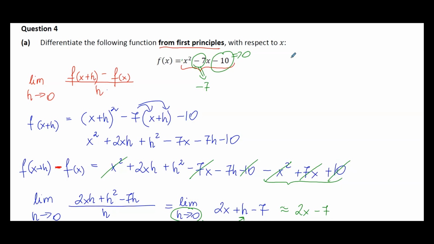And for x to the power of 2, we have to apply the formula: we take n in front and then power minus 1. So that means that 2 will go in front and x to the power of 1. So our derivative is 2x minus 7. So much quicker than what we've done here. That's the reason we only use that method when it is specifically mentioned to us.